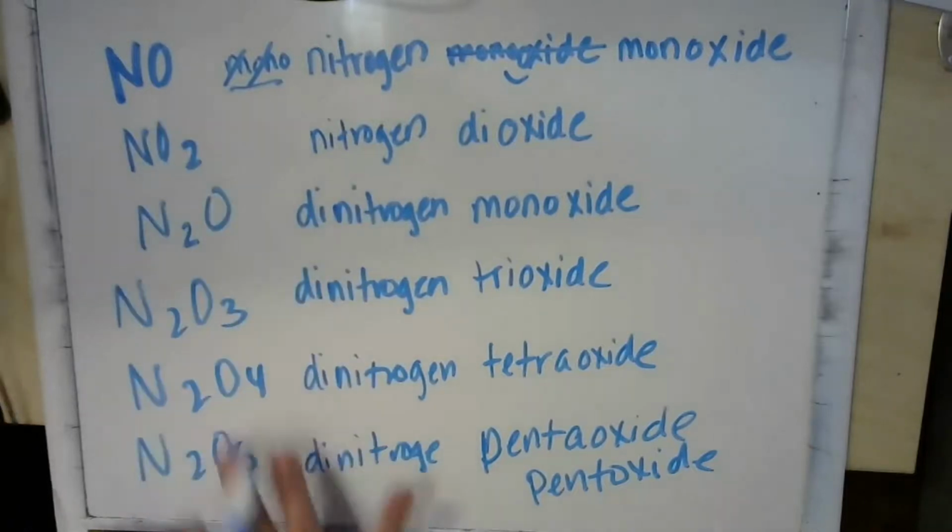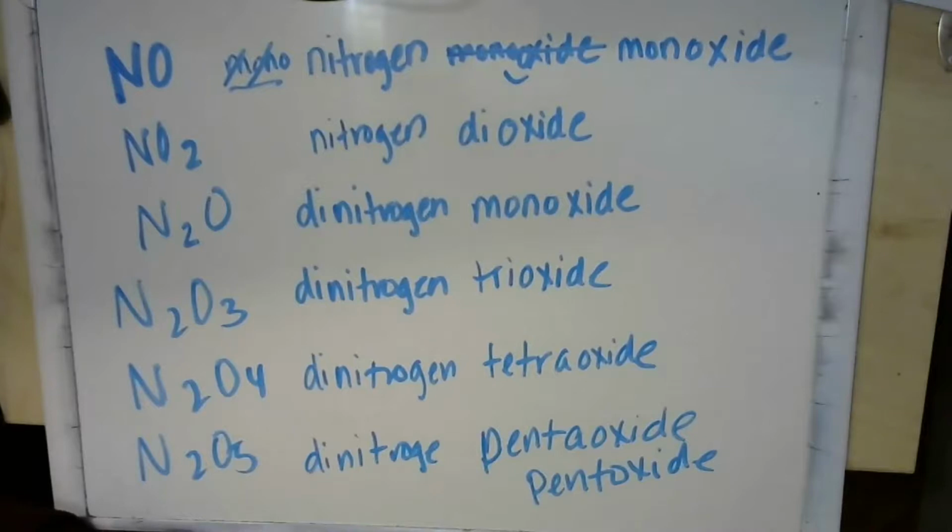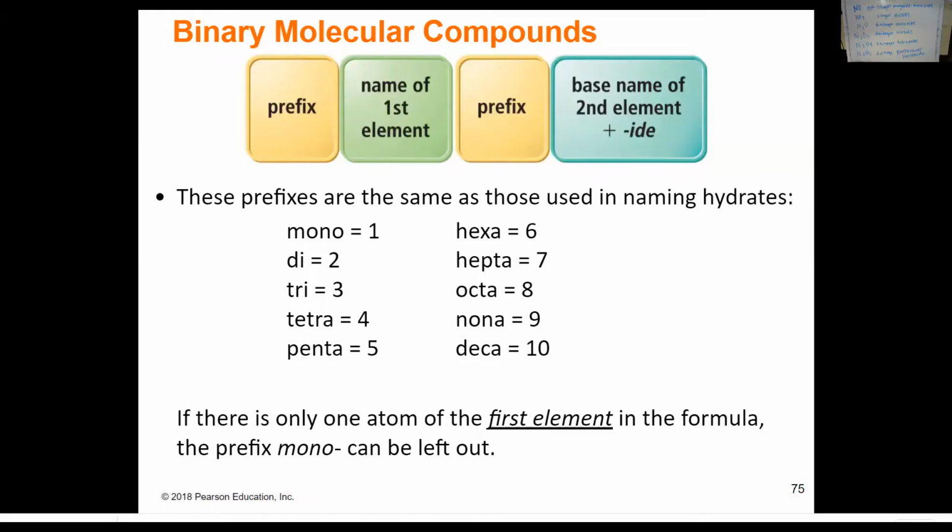Okay, this is the formatting for your molecular compounds. This is the basic set of rules that are going to be followed. Now, just because we can leave this mono out of the first element in the formula of your molecular compounds, don't get that confused with your hydrated ionic compounds.